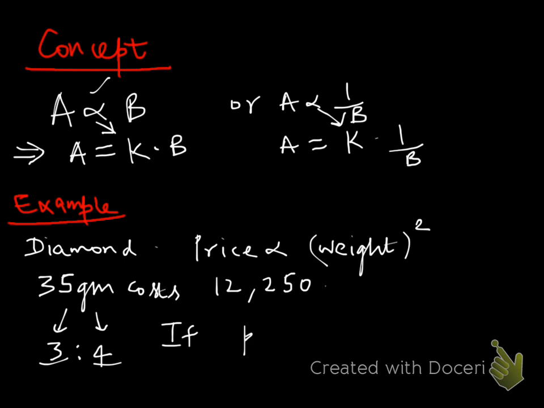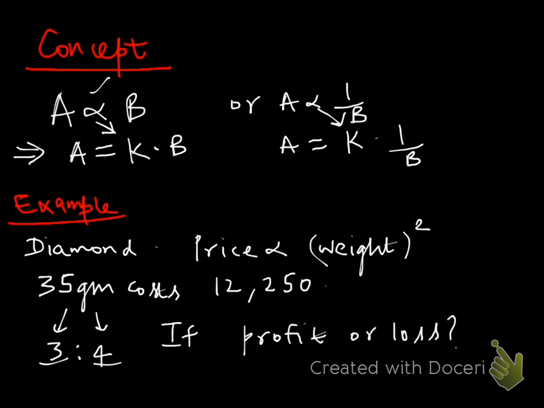What you have to find is if the owner of the diamond has made any profit or loss, and how much is the profit or the loss. You can pause the video here, or you can come back later to check your answer. Meanwhile, let's continue with the answer.